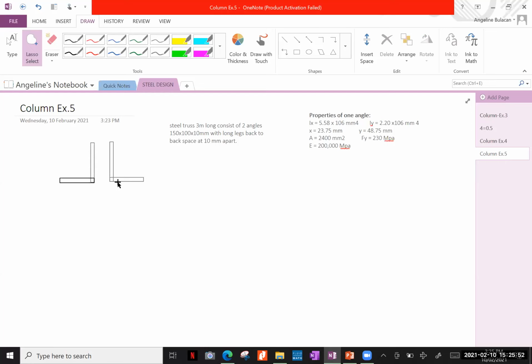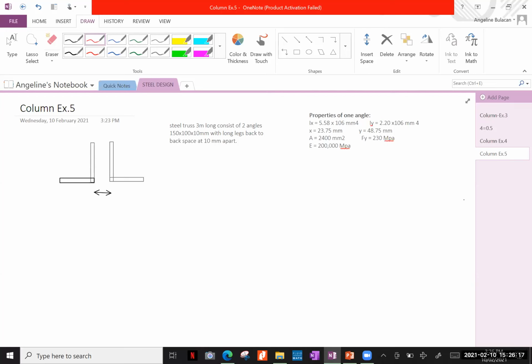Tapos may spacing sila na 10 mm apart. So ito. 10 mm apart. So lagyan natin. This is 10 mm. Ayun. So properties of the angle.